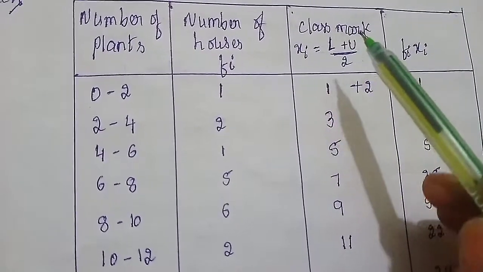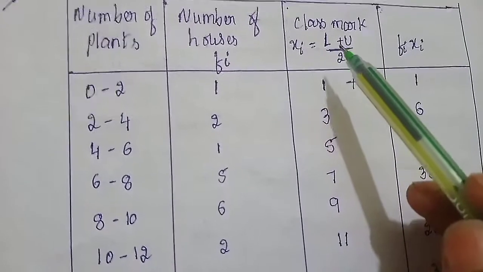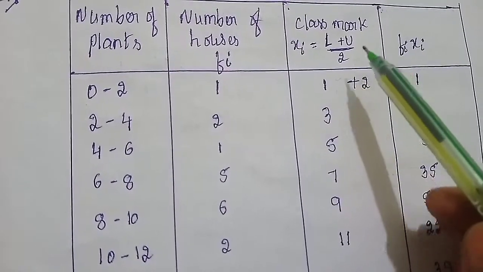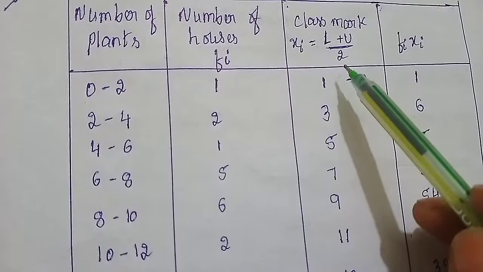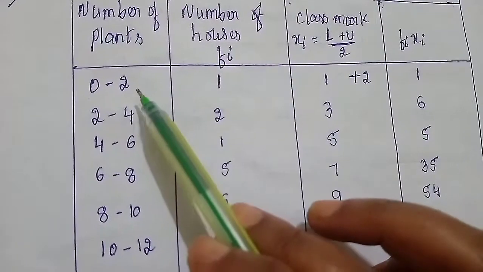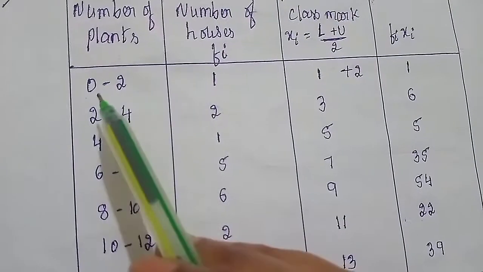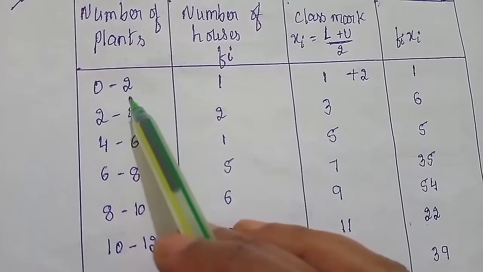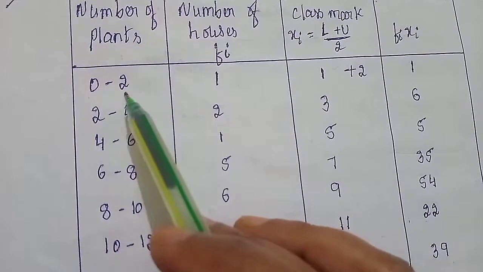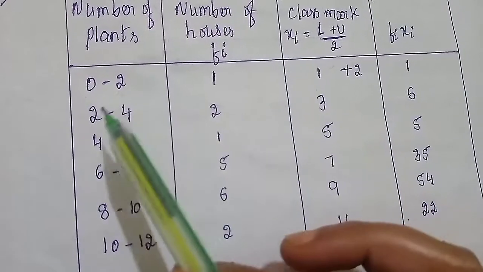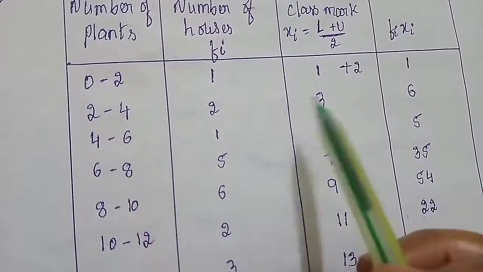So what is xi here? This is class mark. What is class mark? Lower limit plus upper limit divided by 2. This class mark represents each class interval. You can see here lower limit is 0 plus upper limit is 2, 0 plus 2 divided by 2 is 1. 2 plus 4, 6, 6 by 2 is 3.